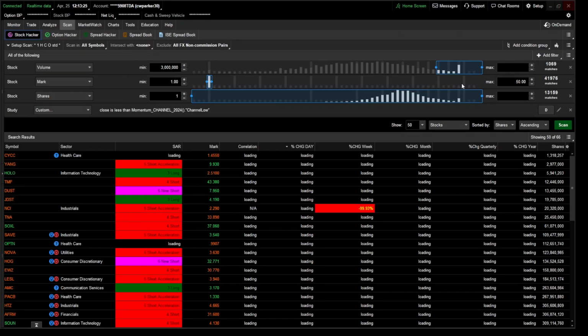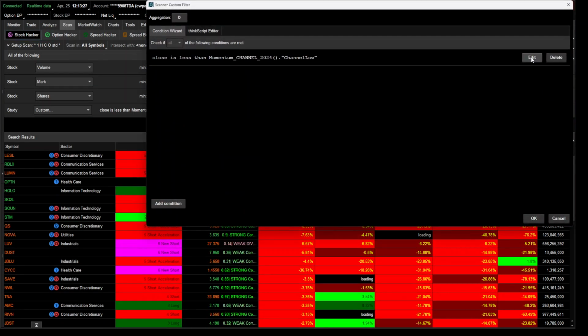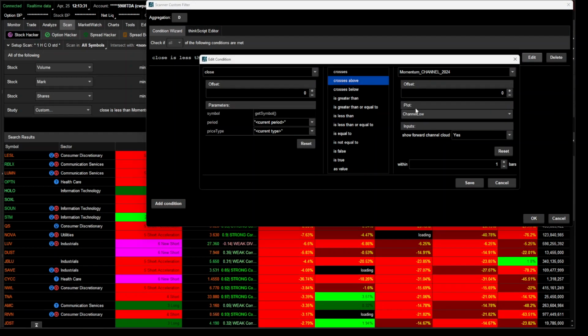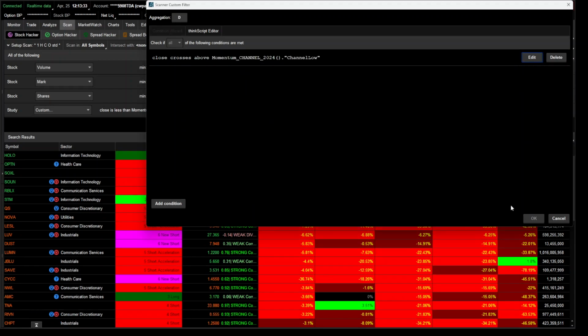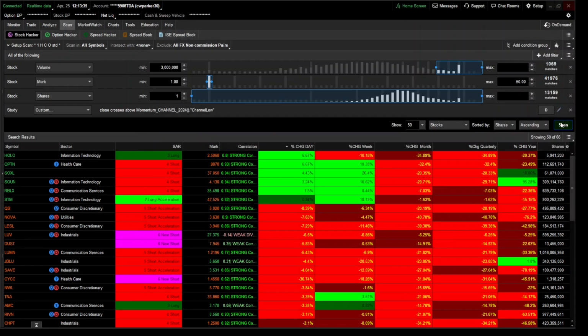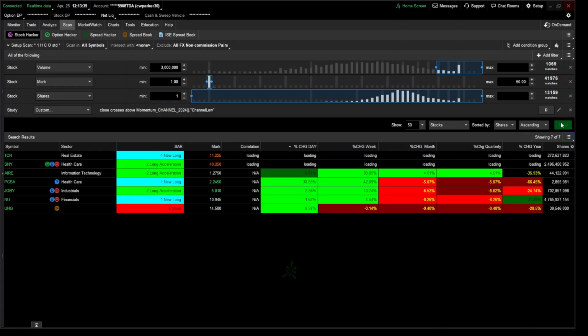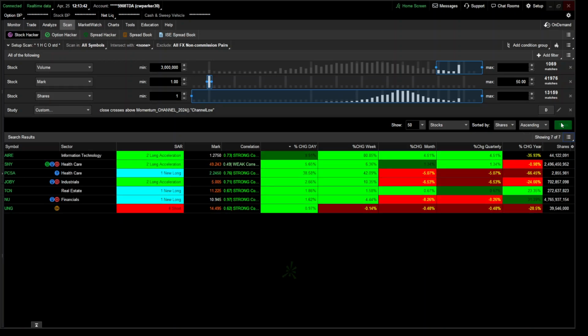But let's look at some stocks that are breaking back above, crossing above their channel low. So these are some stocks that have had downward momentum, but are now breaking back into their actual channels, the lows of the channel.